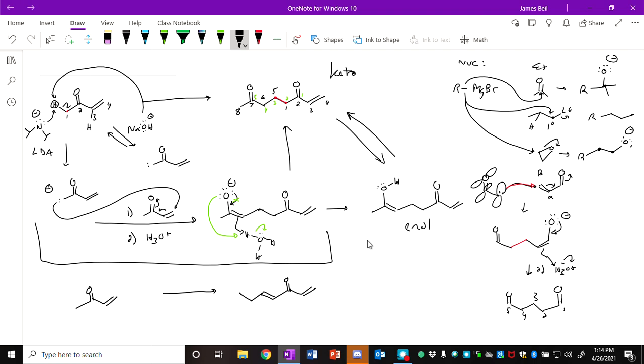Akua says, could the water cleave? Cleave where? I'm not sure which water and which cleavage you're talking about there.